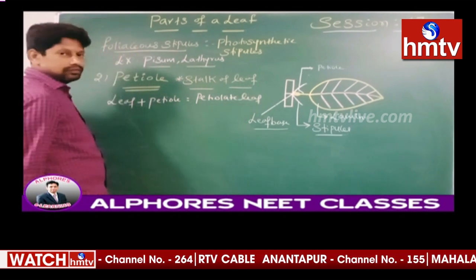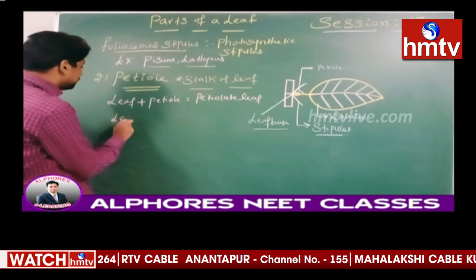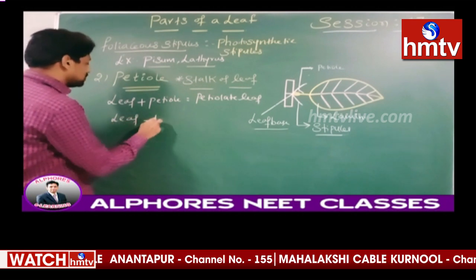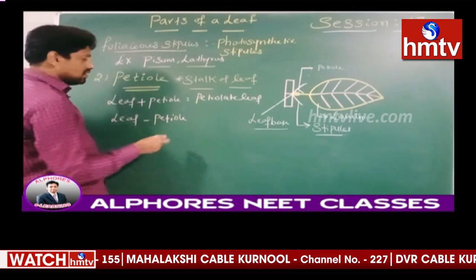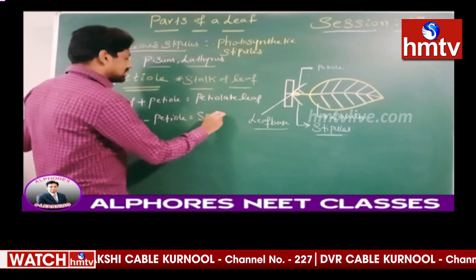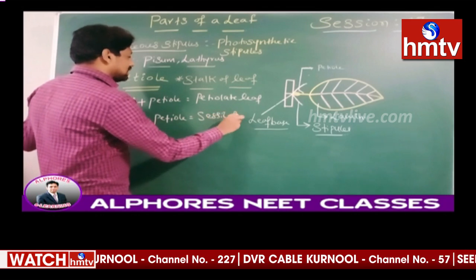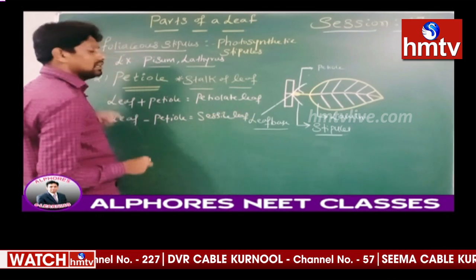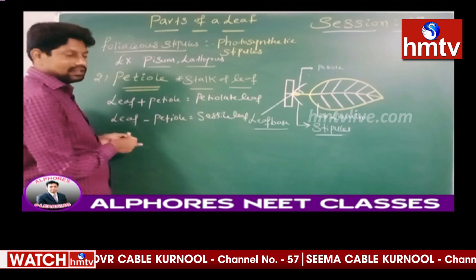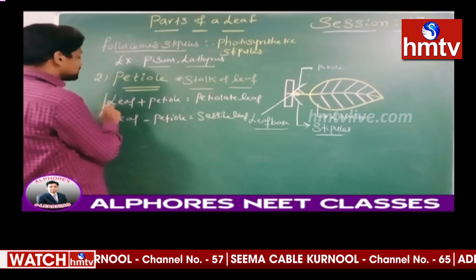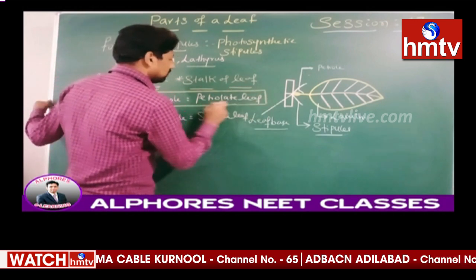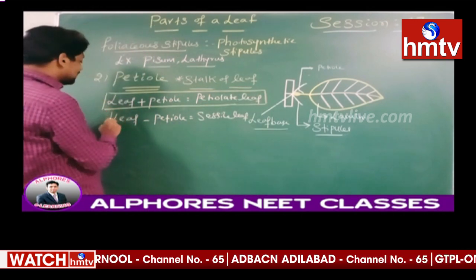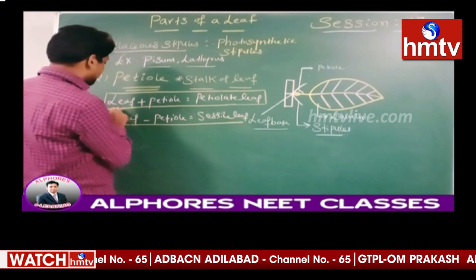If a leaf is without petiole, then that leaf is called a sessile leaf. Therefore, a petiolate leaf is with petiole, whereas a sessile leaf is without petiole.